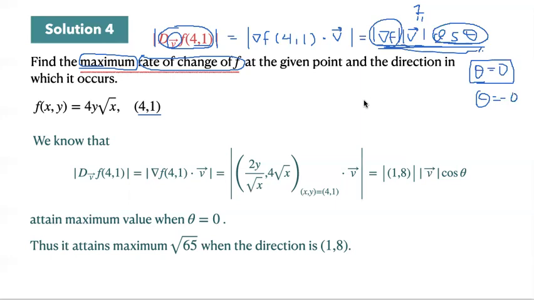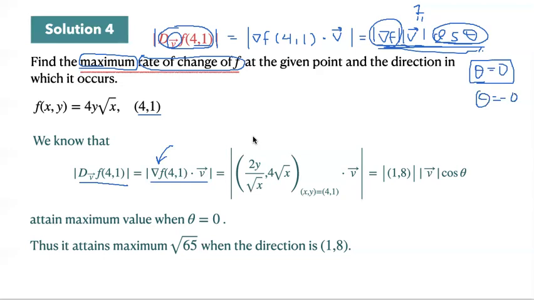So let's think about it. Maximum rate of change of f. Okay, so since we know that this directional derivative is calculated like this, we want to find the gradient vector first.